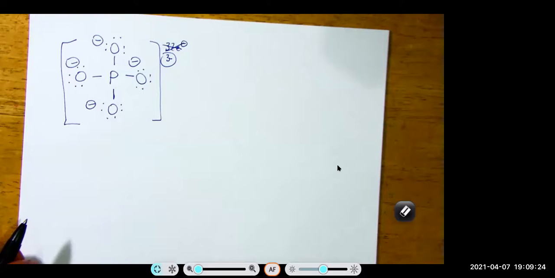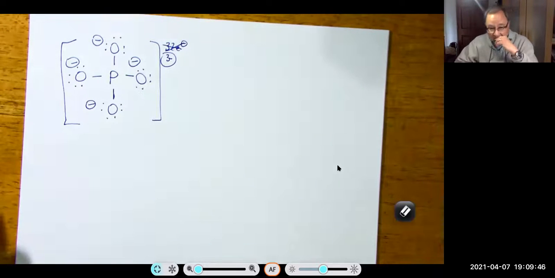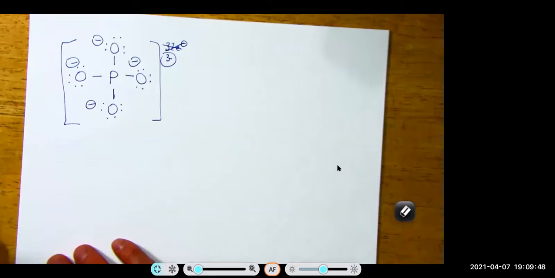Okay, yeah, so the phosphorus, 1, 2, 3, 4, it has an extra electron. Extra? How many is it supposed to have? 3.